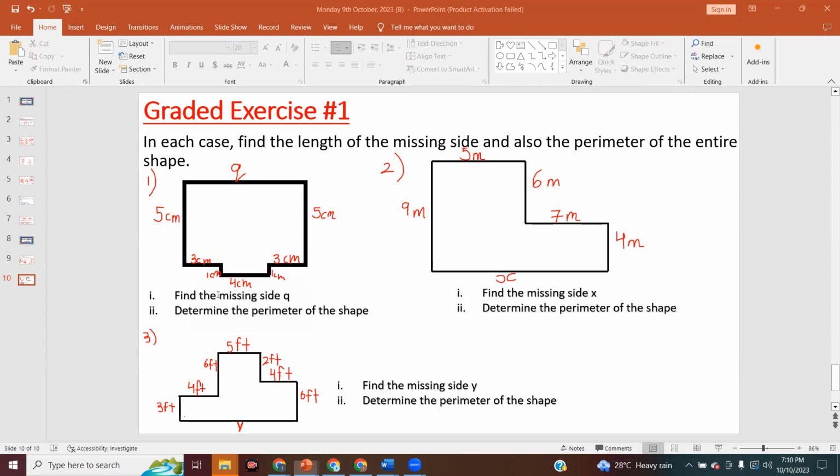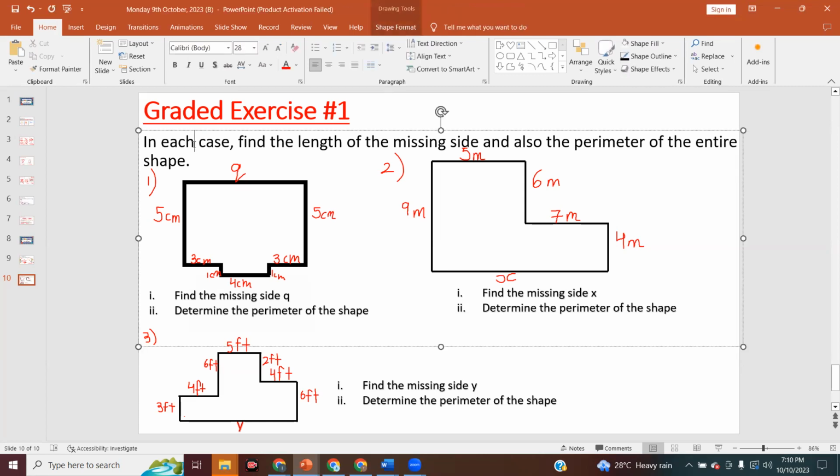Why don't you write down the instructions, as well as the questions? You can't just put the number and the answers. I keep on telling you this over and over again.